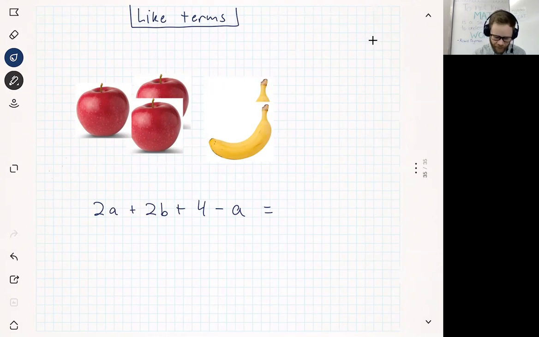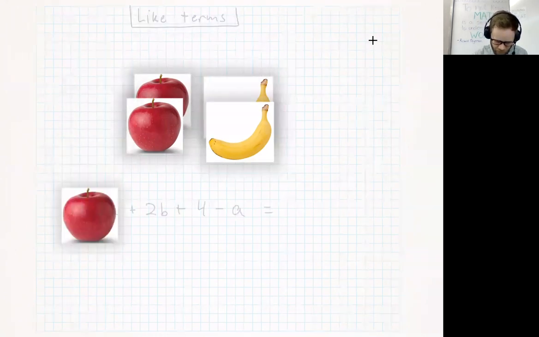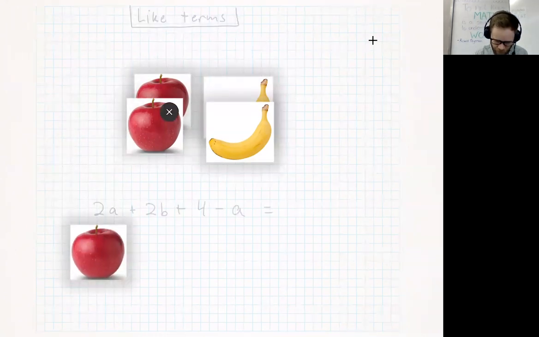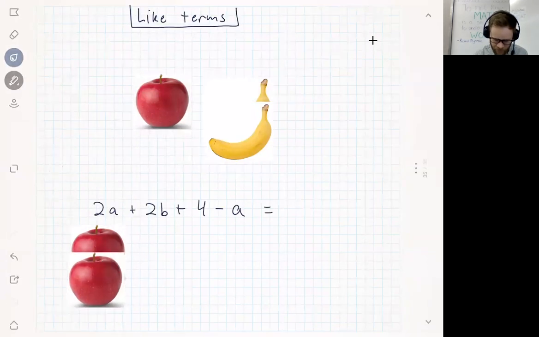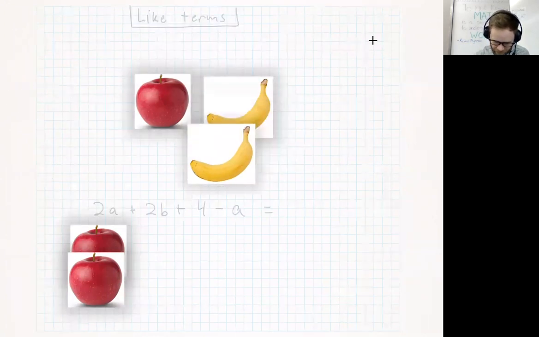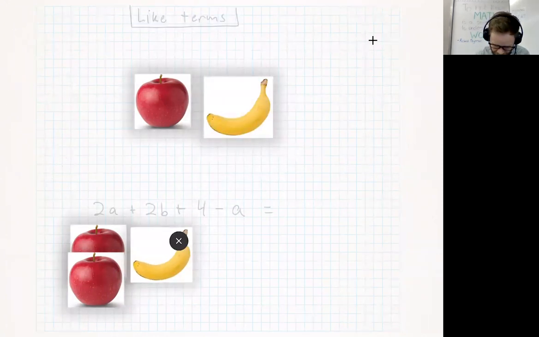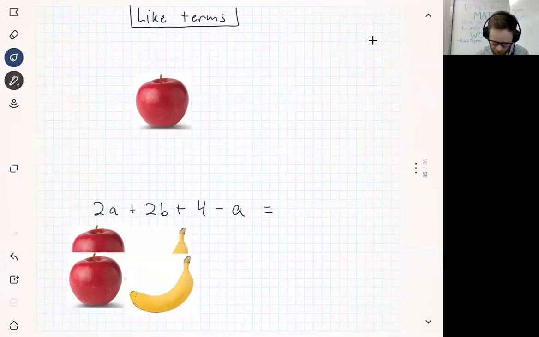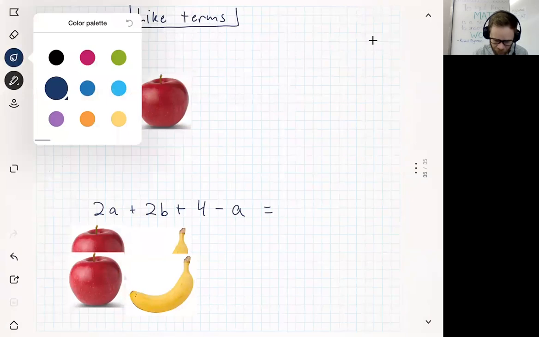Well, let's go ahead and visualize what this means. So this is 2 apples, right? So this first term is 2 times a, and we'll just say a is apples in this case. And then we're adding to that 2 bananas. So we've got 2 apples plus 2 bananas, plus now we've got 4.